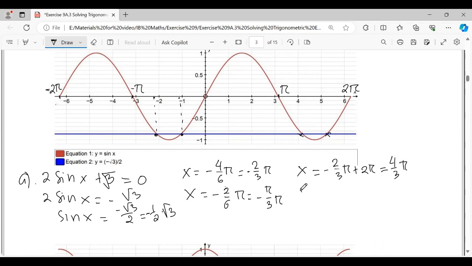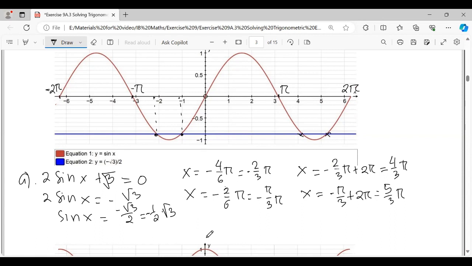After that, this one is negative pi third plus 2 pi. 6 minus 1, 5 third pi.